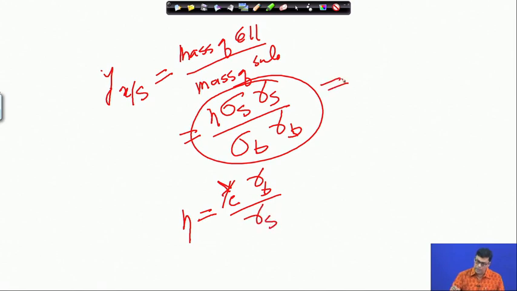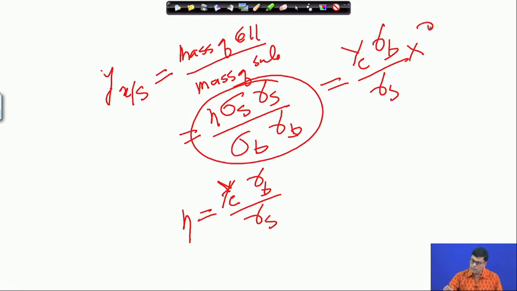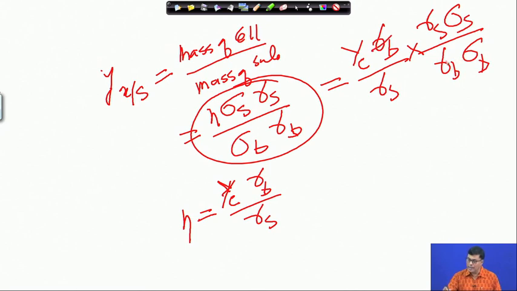So, here if you put Yc gamma B by gamma S, multiplied by gamma S sigma S and gamma B and sigma B, the gamma B and gamma B will cancel, and this will cancel. So, what we have is Yc into sigma S by sigma B.